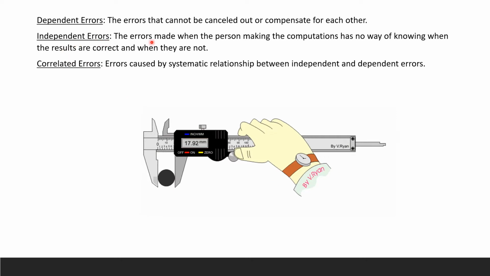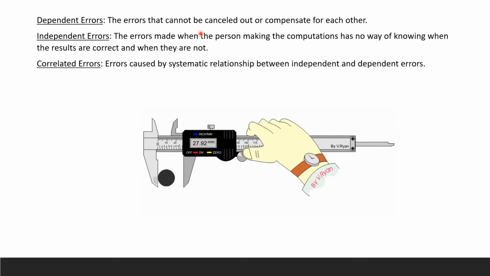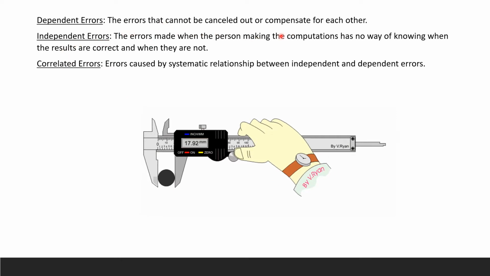So dependent errors are the errors that cannot be cancelled out or compensate for each other. So those types are called dependent. Independent errors are the errors made when the person making the computations has no way of knowing when the results are correct and when they are not. Computation here is just making a measurement.